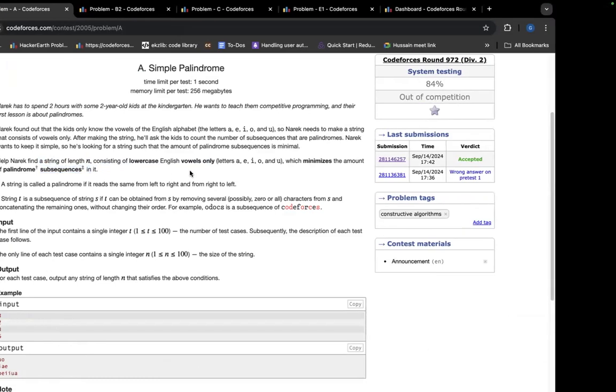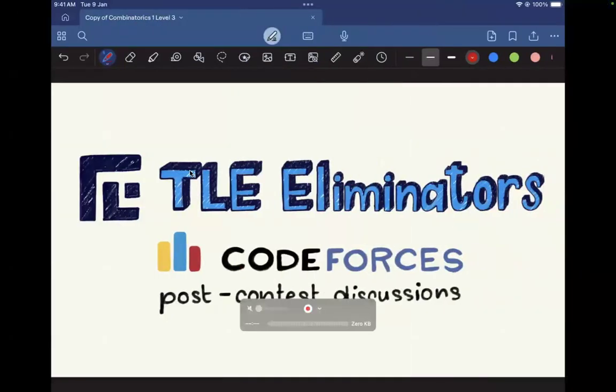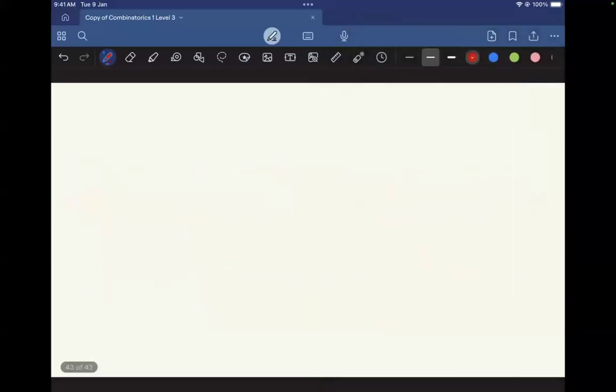All right. So, guys, what does the problem say? The problem says that we need to make a string of size n.